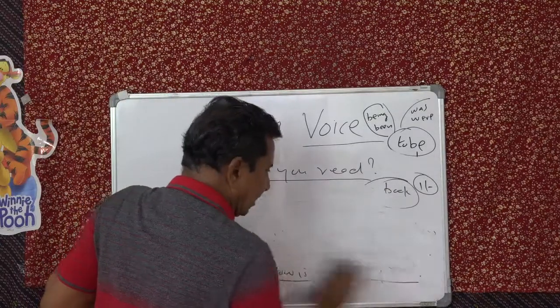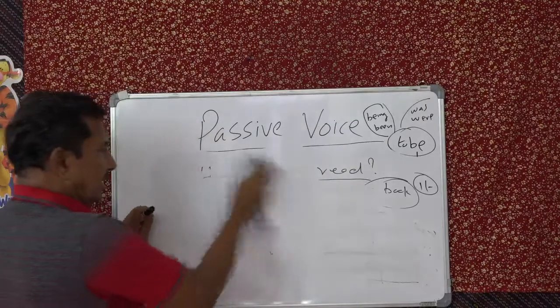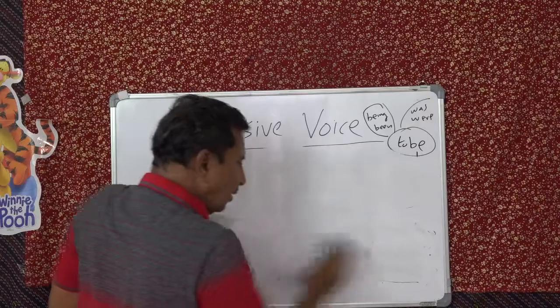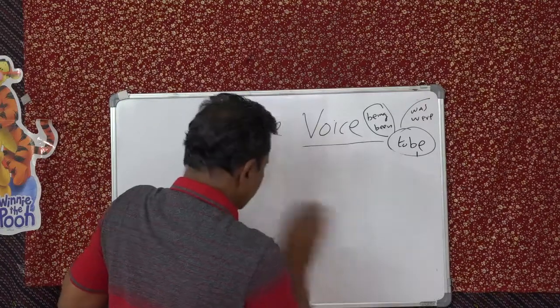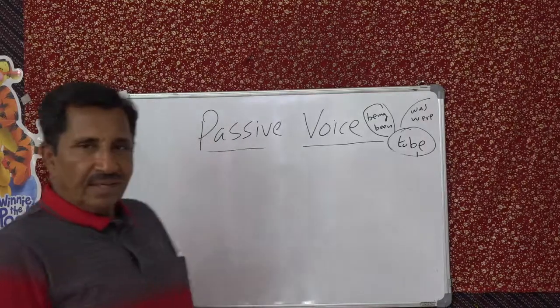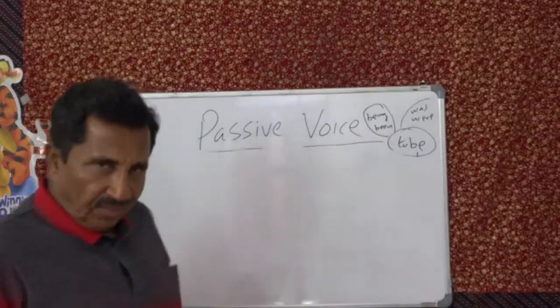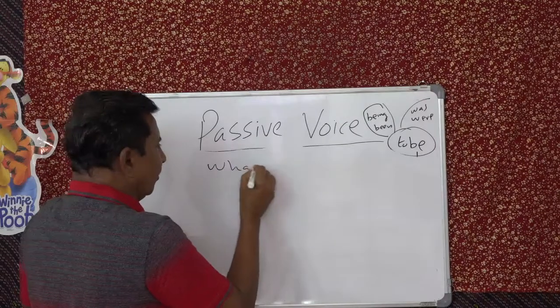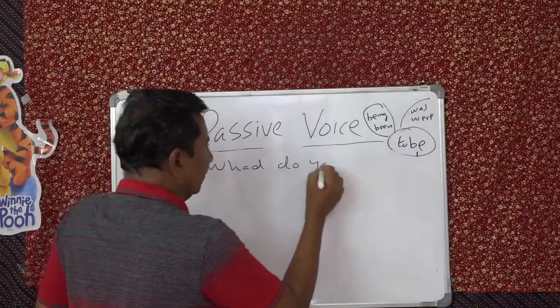Okay, let's look at another sentence. See that? What do you read? Let's say, what do you read? See that? The statement you know, the WH question you know, the yes or no question you know. So what do you read?